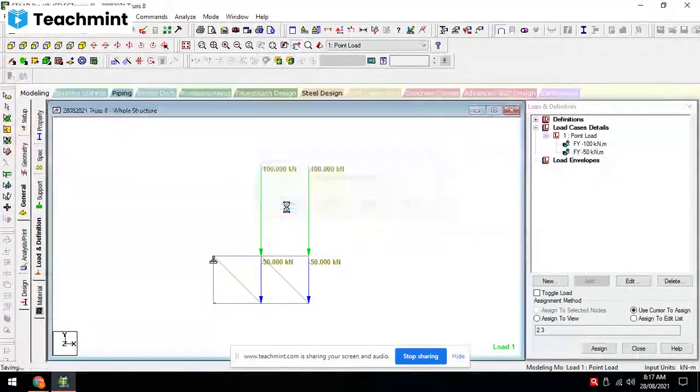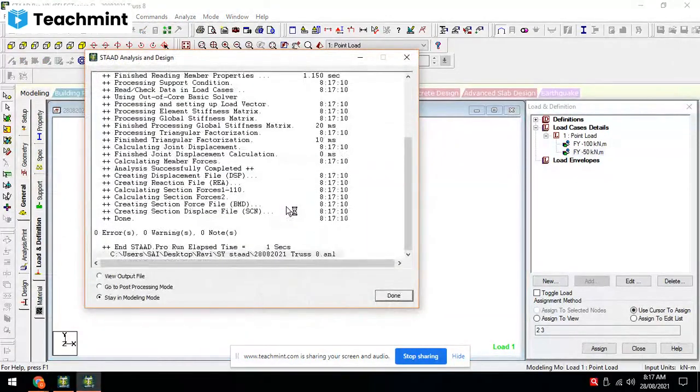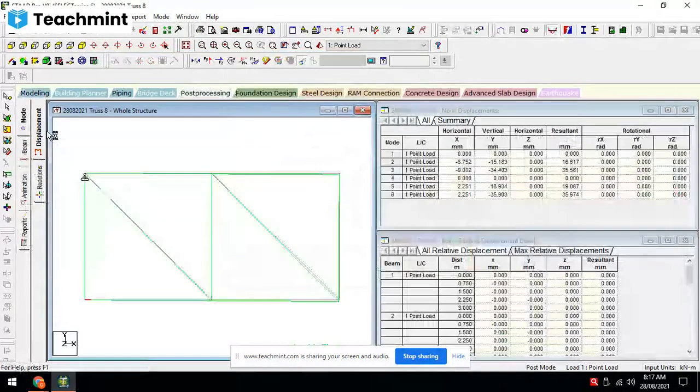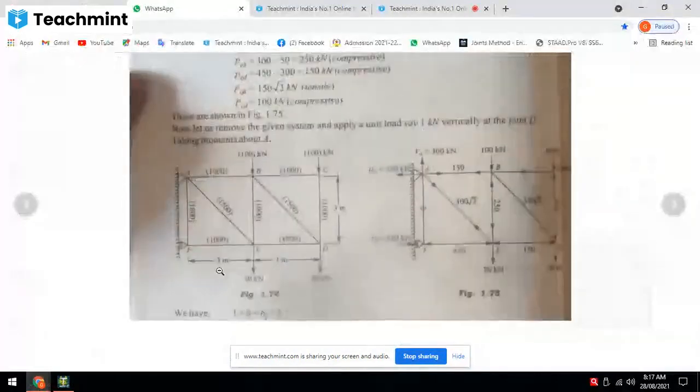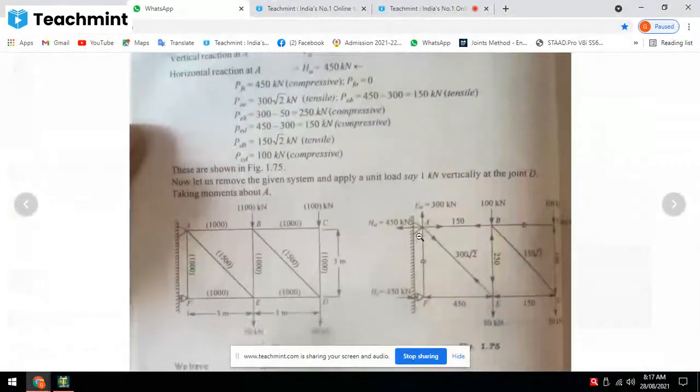We'll check whether our result will match or not. Zero warning, zero error. Go to post processing mode, apply, okay. We'll check the reaction, whether we get 450 and 300. 450, 450 and 300. Yes, correct.